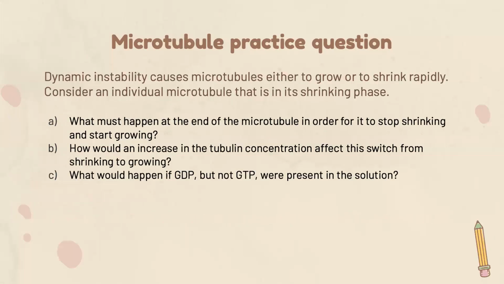So dynamic instability causes microtubules either to grow or to shrink rapidly. Consider an individual microtubule that's in its shrinking phase. So for all of A, B, and C, think about it from its shrinking phase.